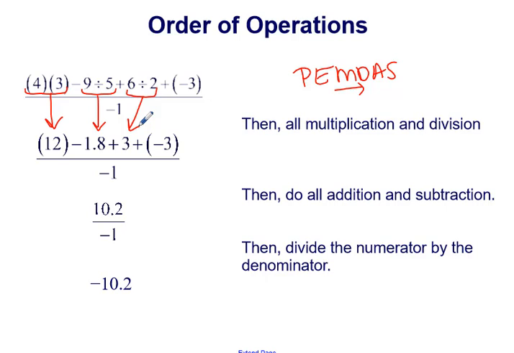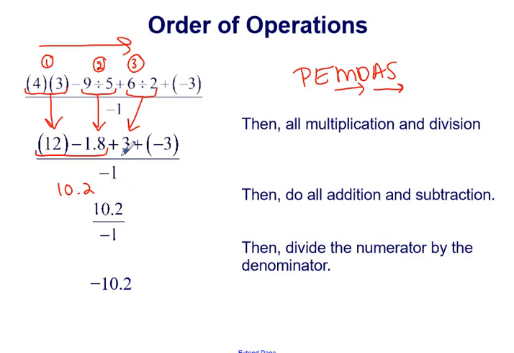So again, I read from left to right. I did this first, this second, and this third because I read from left to right. That takes care of all the multiplication and division, so that finally we can move on to our last step of addition and subtraction, reading again from left to right. So here we're going to do 12 minus 1.8 first, which gives us 10.2.